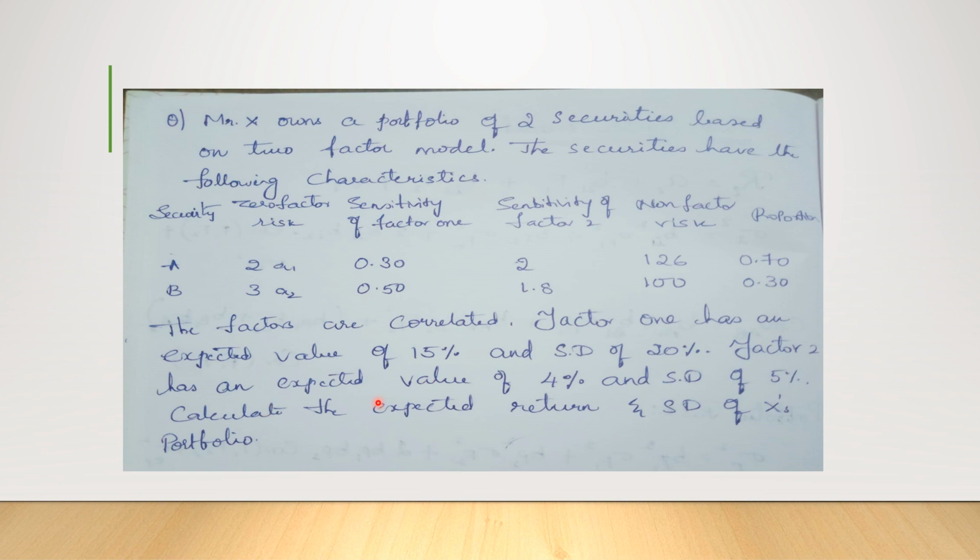Factor 2 has an expected value of 4%, that is F2, and SD of 5%, that is the standard deviation of F2. You have to calculate the expected return and SD of the X portfolio. Let's see the solution.